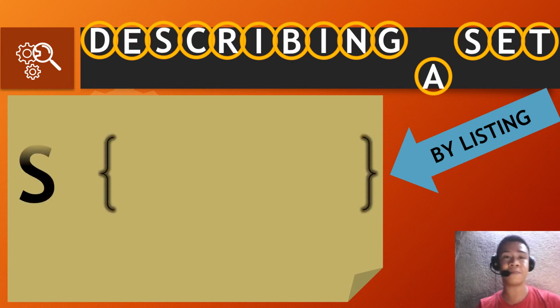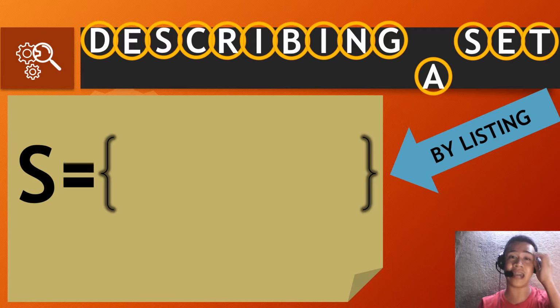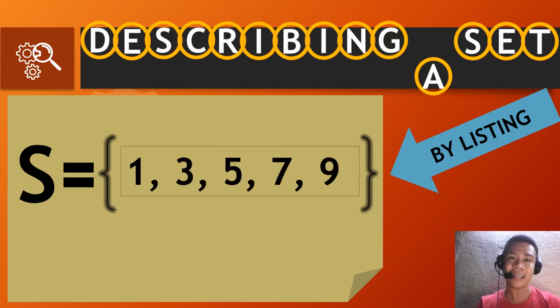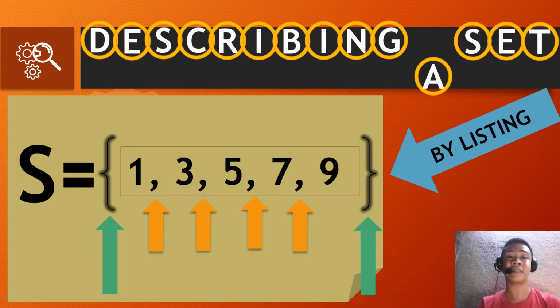For example, we have set S. S is the set whose elements are 1, 3, 5, 7, and 9. The five elements of the set are separated by commas, and the list is enclosed between curly brackets or braces.